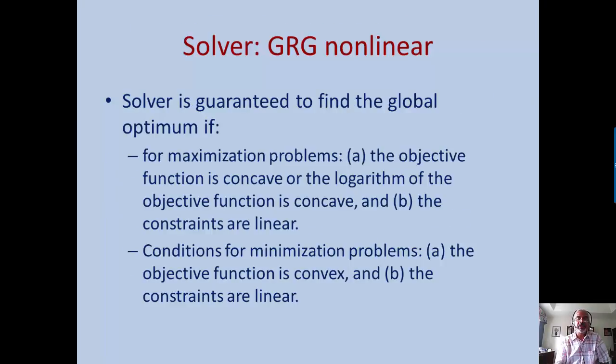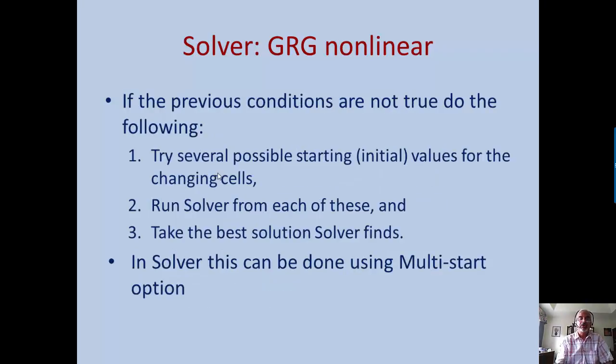So the GRG nonlinear solution methodology will give you the global optimum if you have concave functions. If it is a convex function, then you will have the minimum. So if the previous conditions are not true, suppose you do not have concave or convex, then what do you do? In that case, all you have to do is to try different starting points.